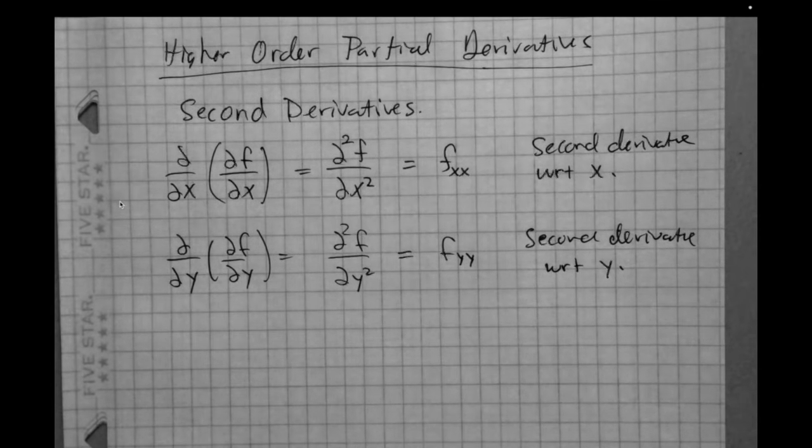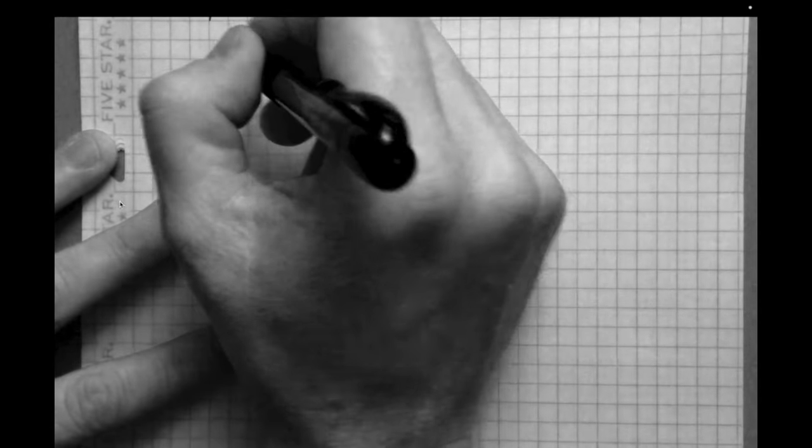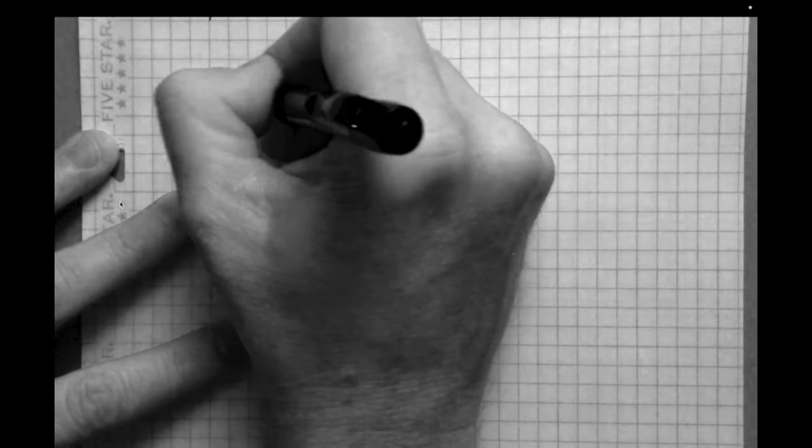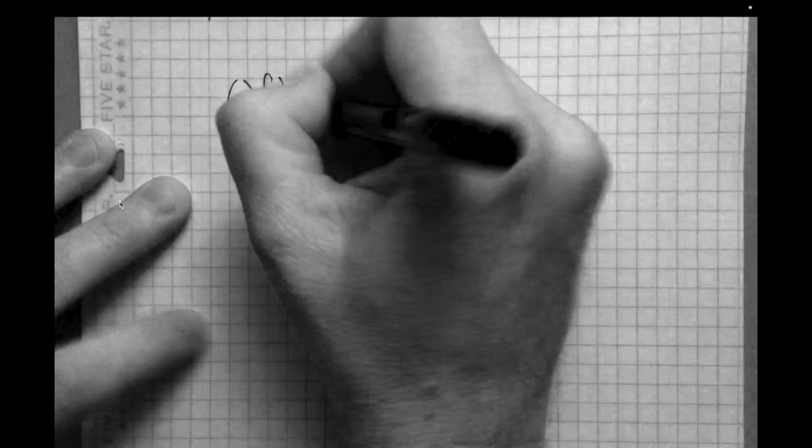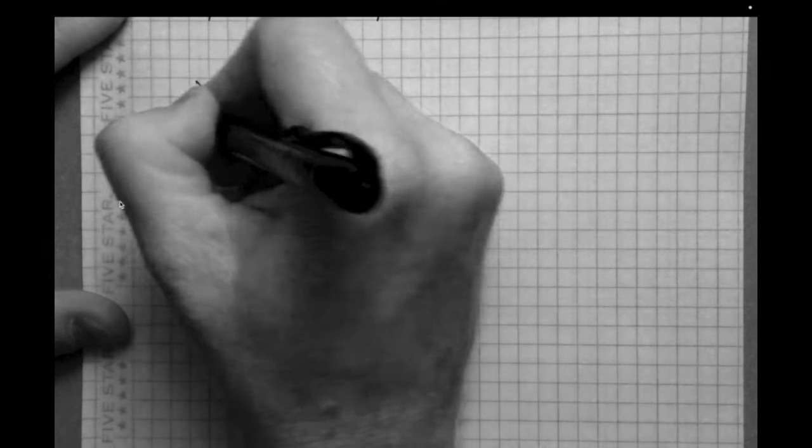Now what's kind of different here is that you can get what's called a mixed partial derivative. And what does this amount to? Well, if you start with, let's say, the partial derivative of f with respect to y, and let's say we then differentiate this, we take the partial derivative of this with respect to x.